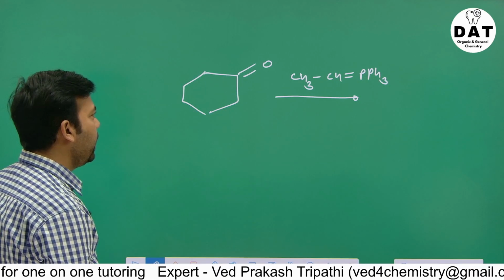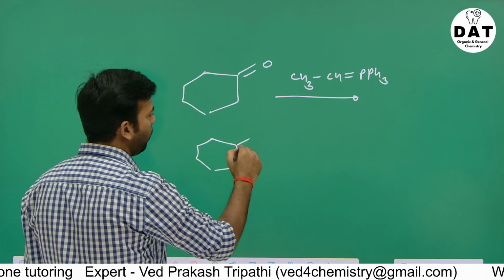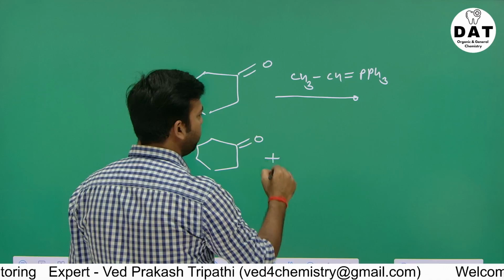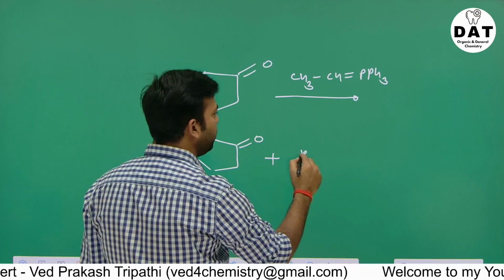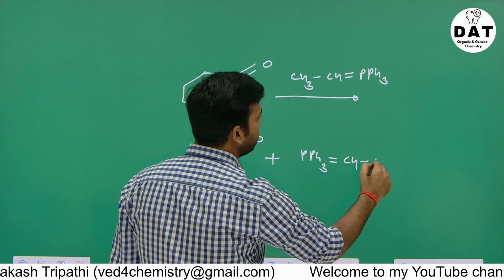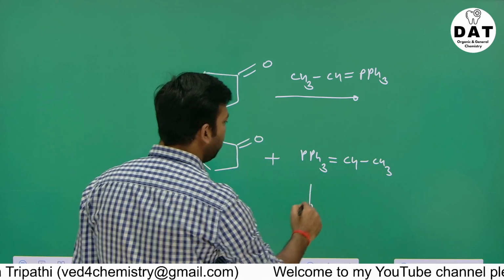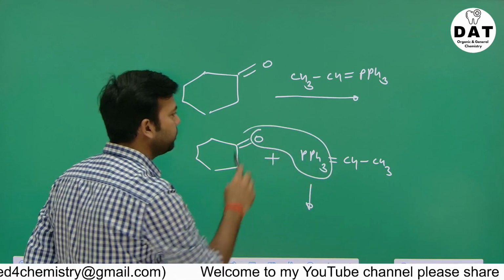So the simple thing is that whenever you have such a type of reaction, always write your ketone molecule or aldehyde, and then you should write the phosphorus part close to the oxygen in this way. PPH3 double bond CH, CH3. Clear? And the simple thing is that you have to remove this oxygen with PPH3.